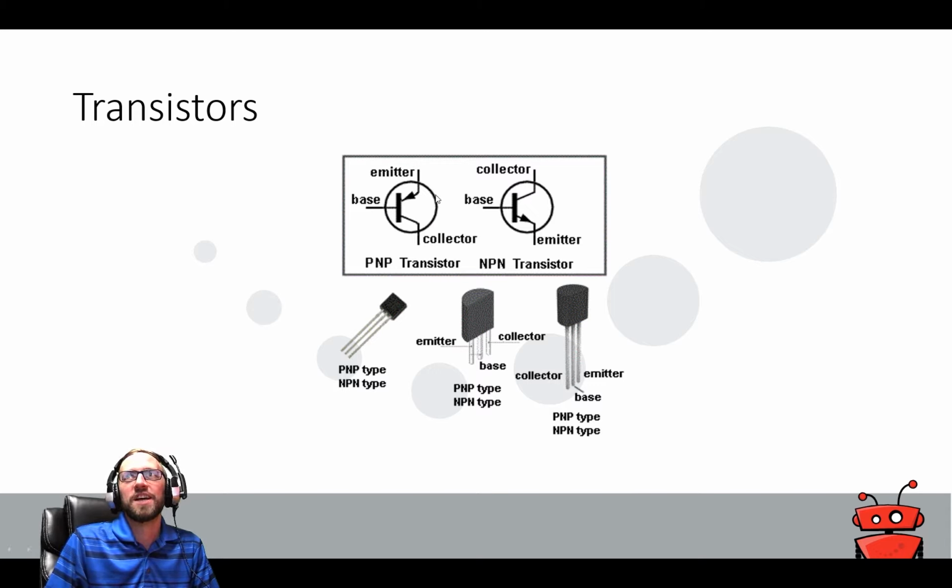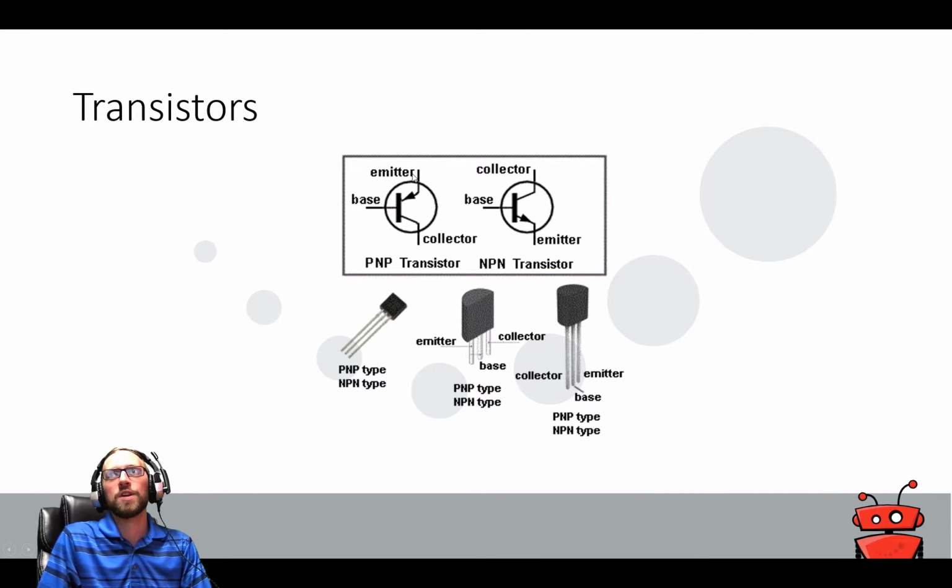It has some interesting properties, but the most important concept to understand here is that a typical transistor has an emitter, a collector, and a base. And whenever you apply current to the base of the transistor, depending on which type of transistor it is, you'll have current flow either from the collector to the emitter or vice versa, from the emitter to the collector.